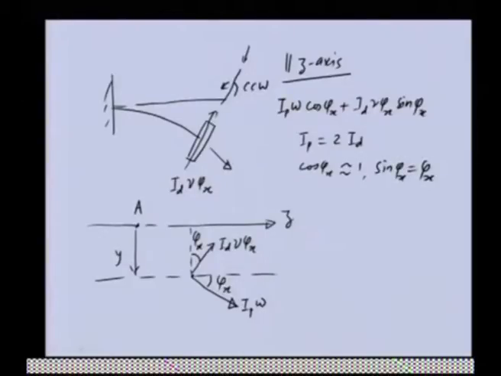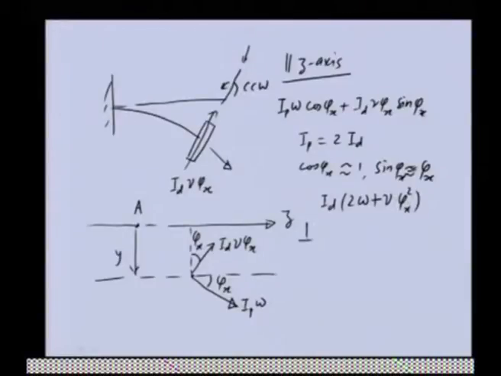If we substitute these values in the above equation, we can write that expression as Id (2 omega plus nu) phi x square. So this is the net angular momentum which is acting along the direction of the bearing axis, the z axis.